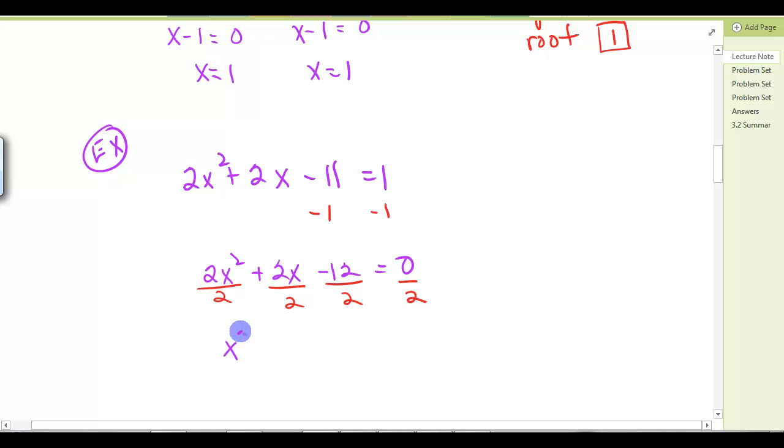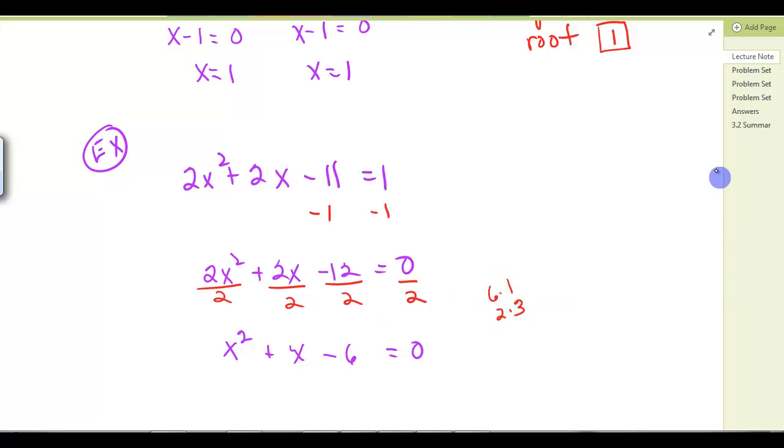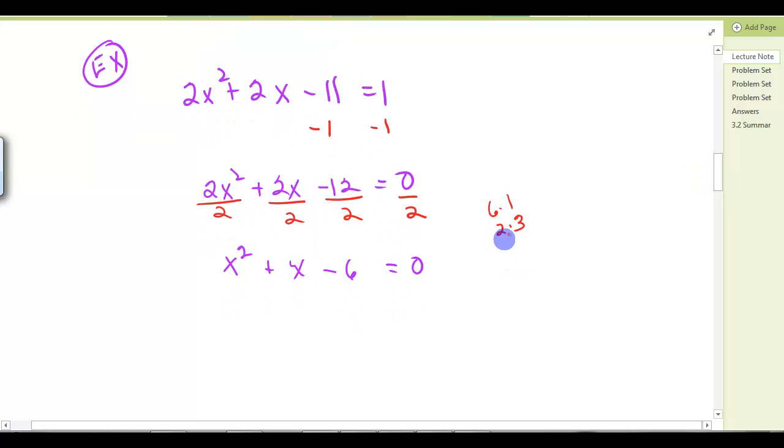That would leave us x squared plus x minus 6 equals 0. You want to think about what are the factors of 6. That's either 6 times 1 or 2 times 3. And which of those combinations could add or subtract to give me 1 in the middle? Well, that would be these 2.